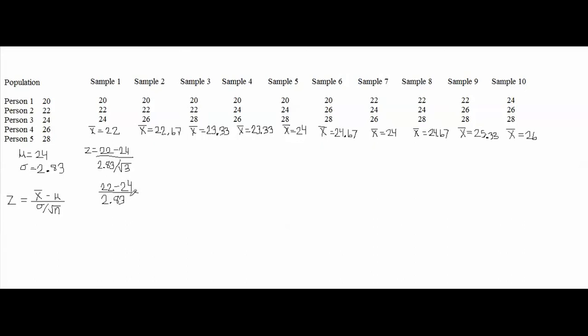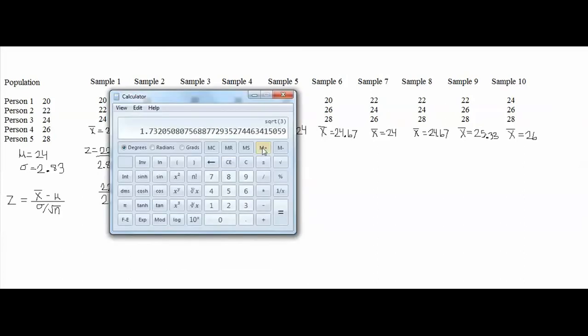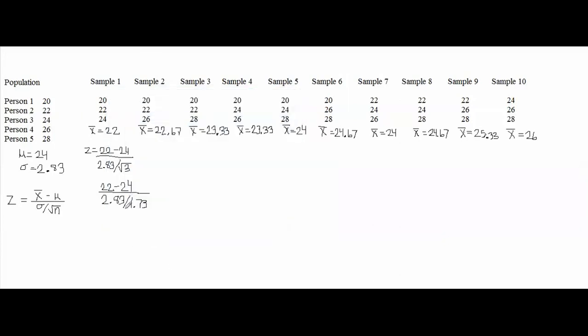So it's 2.83 over 1.73. Now let's divide on the bottom. Let's divide 2.83 by 1.73. We get 1.635. We could round that up to 1.64.